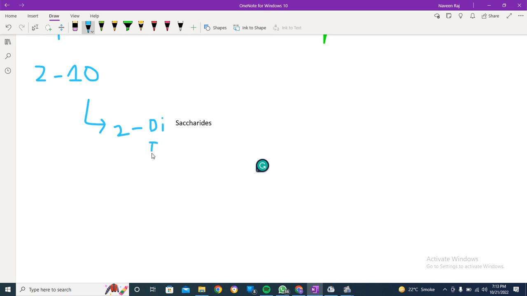Then we have tri, then tetra. The classification goes on till 10: tetra, pentasaccharides, and it goes further down. You just need to understand till this. These are the kinds of classification on which it goes.